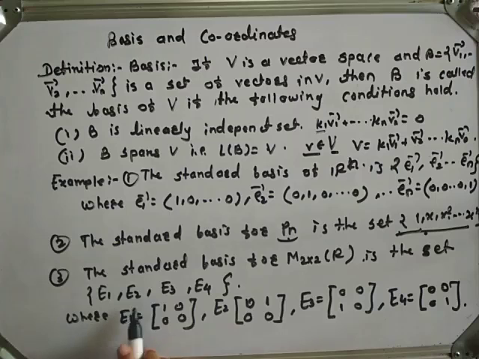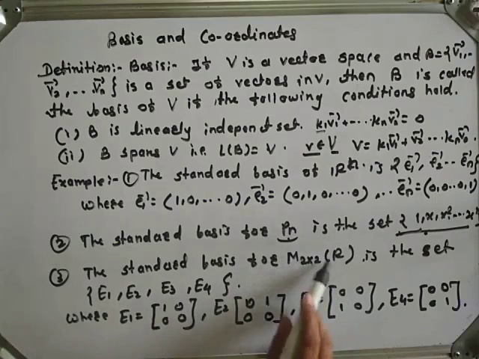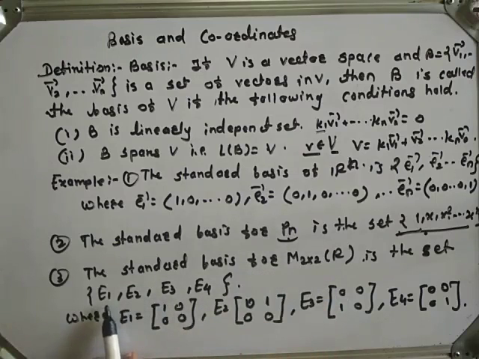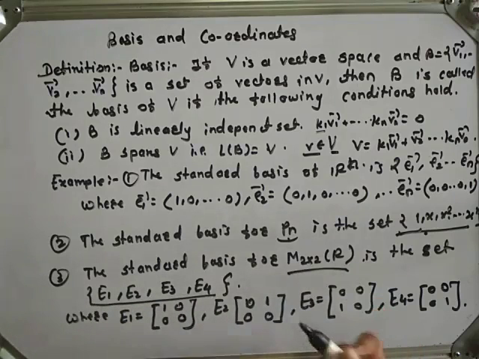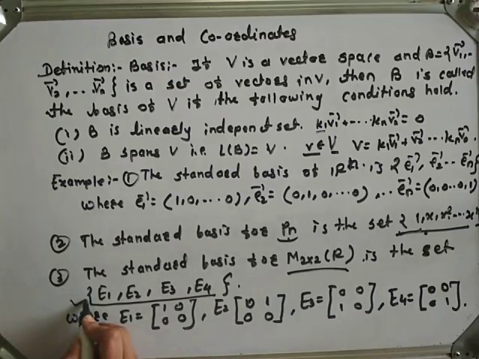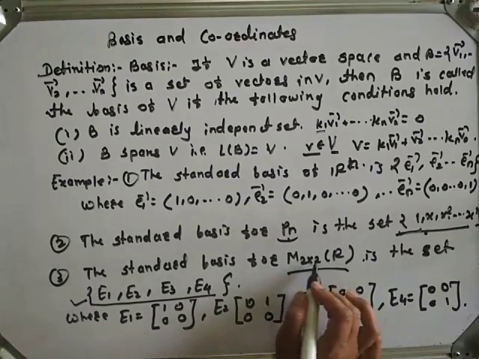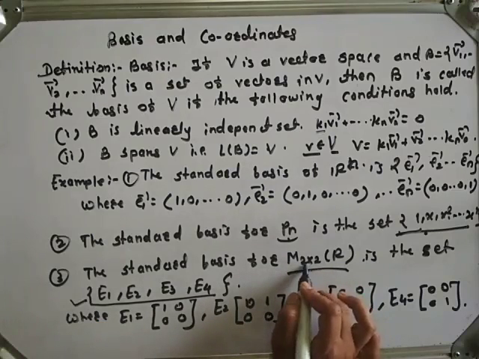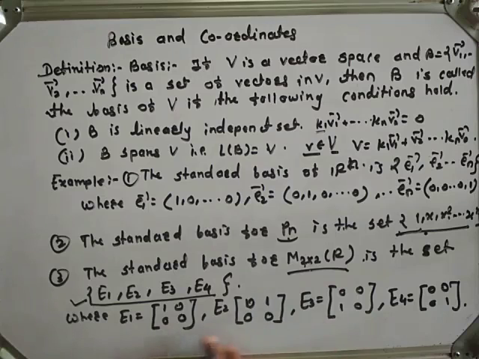This set is linearly independent, and every matrix can be written as a linear combination of E1, E2, E3, E4, so this set is the standard basis for M2 by 2 of R. You can easily check this set is linearly independent and every matrix can be written as a linear combination of elements from this set.